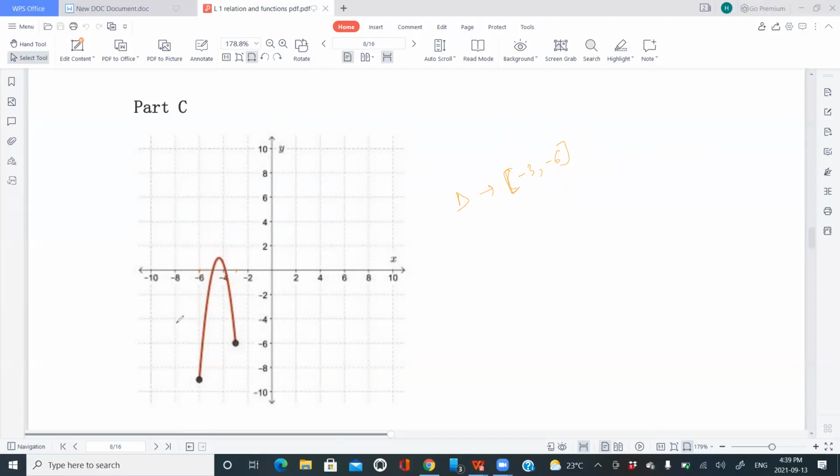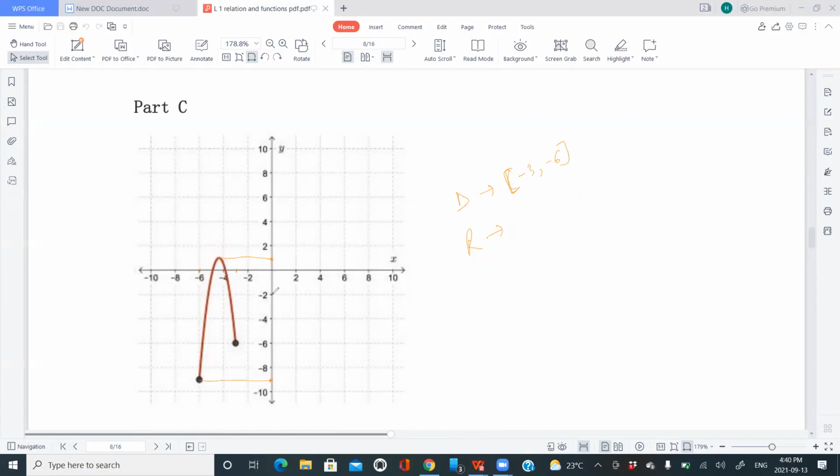And what about range? Wouldn't it be the same thing? No. For domain, we look at the x-axis, and for range, we look at the y-axis. According to the y-axis, this function is starting at this point and ending at this point.